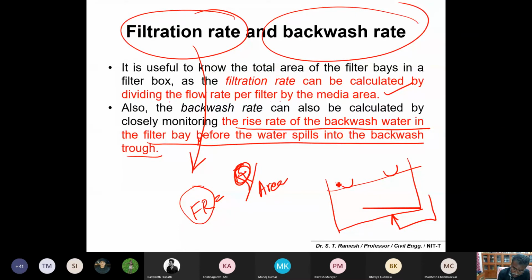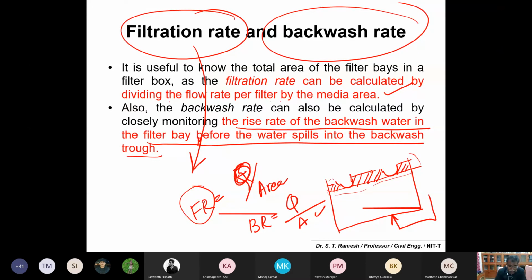So what will happen? The water level will rise up to here. This area you can take for your backwash rate. Backwash rate is equal to Q, that is, this Q divided by area of the filter.